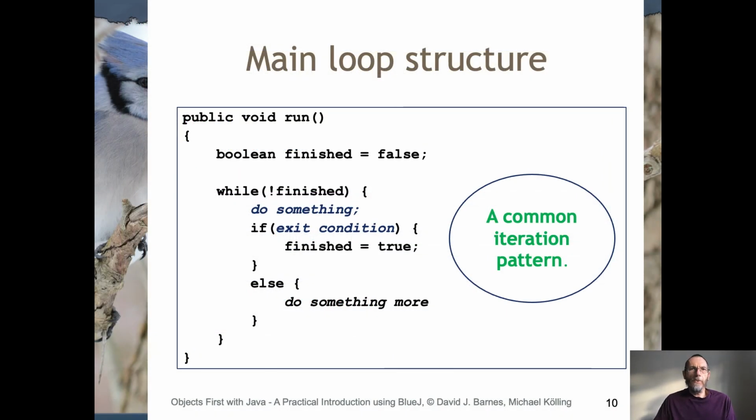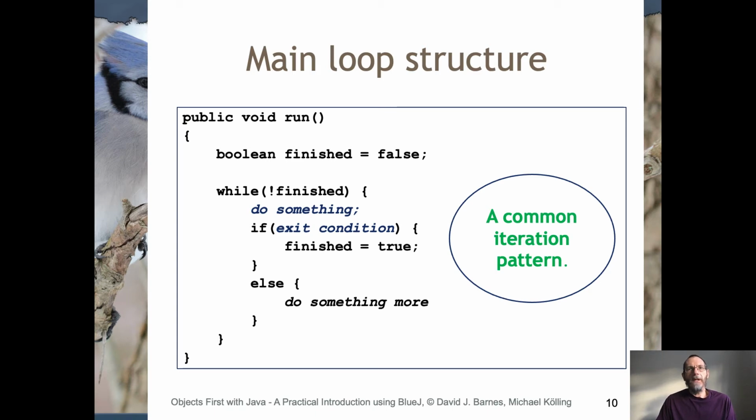So this is the main loop structure that we've just seen. It's a very common iteration pattern. It's the sort of while loop that you'll write many times where you've got some controlling condition that as long as that condition evaluates to true, then we want to iterate at least one more time, and we'll do something, and the doing something is likely to cause something to happen that will ultimately cause the condition to become false.